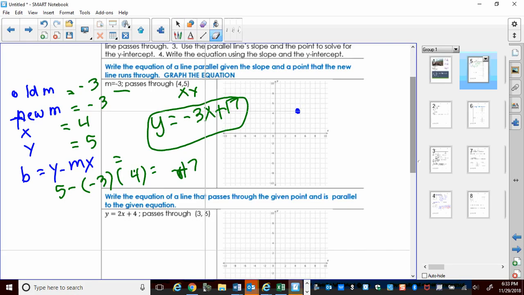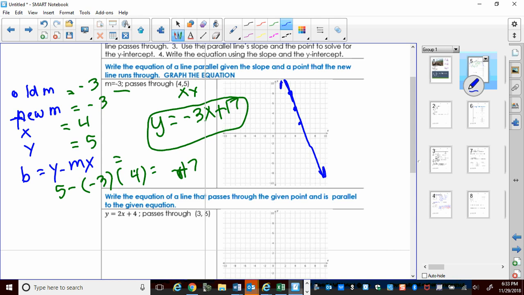Using rise over run form, right 4 up 5, we can go down 3, right 1, and make a point. Up 3, left 1, and make a point. And my line looks something like this. This is the actual equation here: y equals negative 3x plus 17.